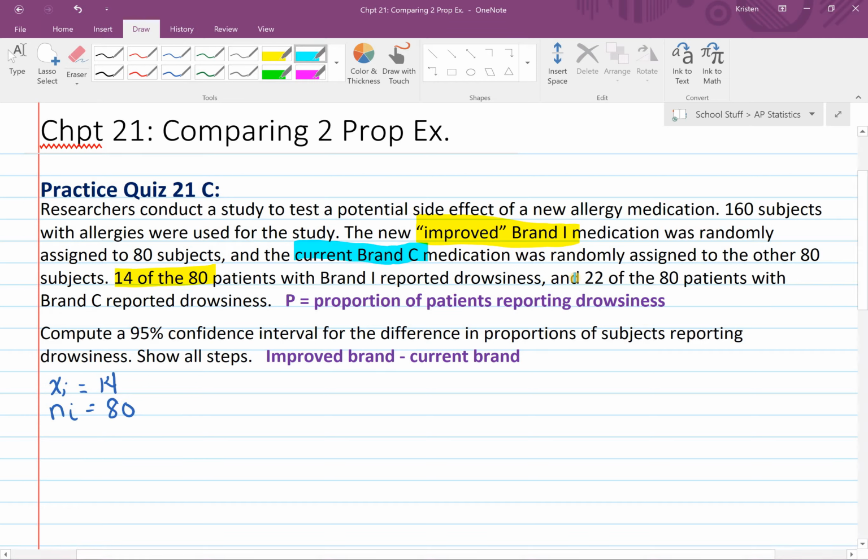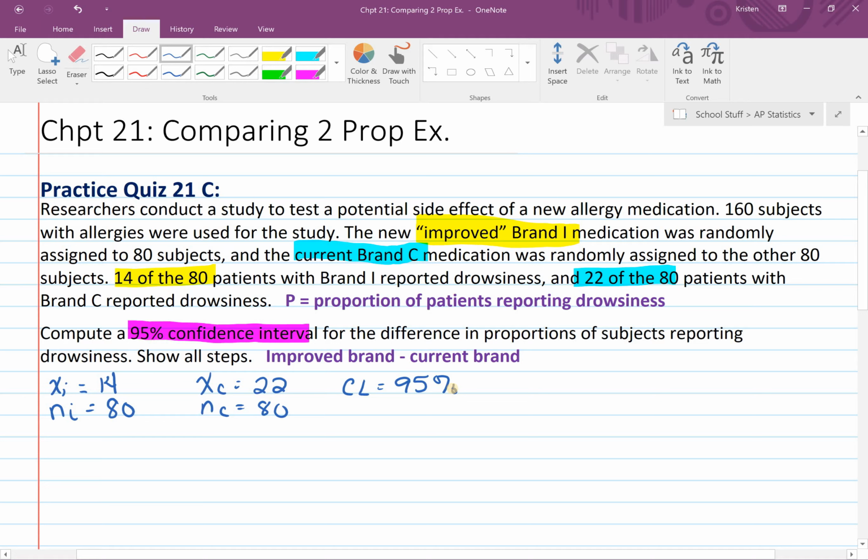For my brand C, that is 22 out of 80. I'm also going to report upon the fact that I want a 95% confidence interval, because that's going to come in handy here also. So my confidence level is 95%.